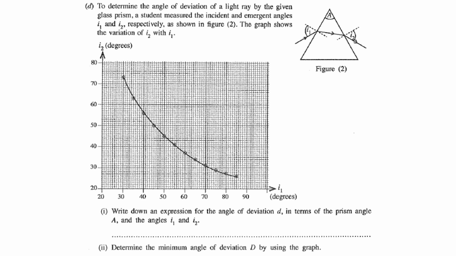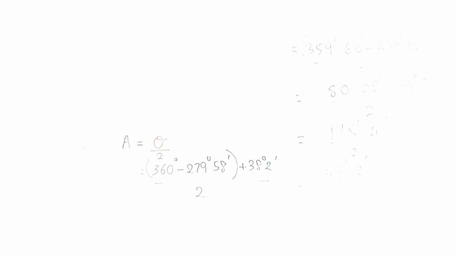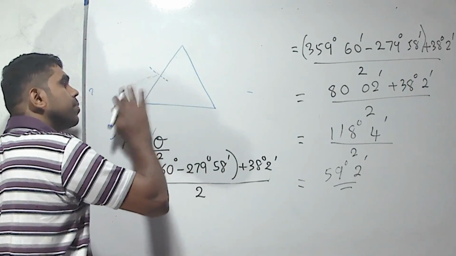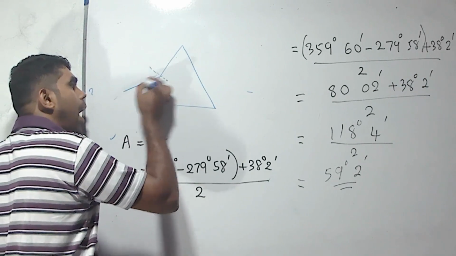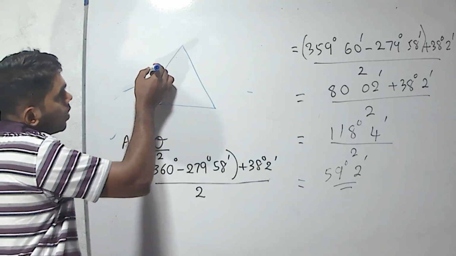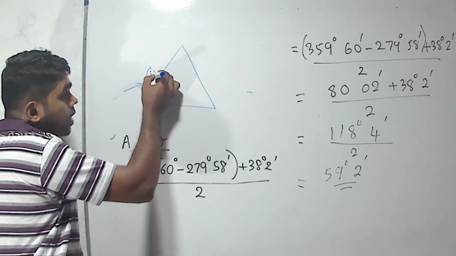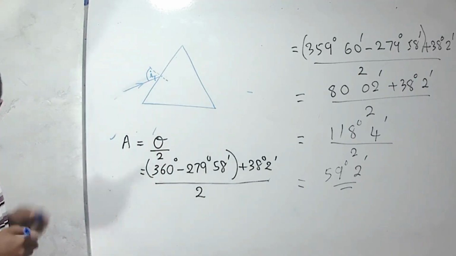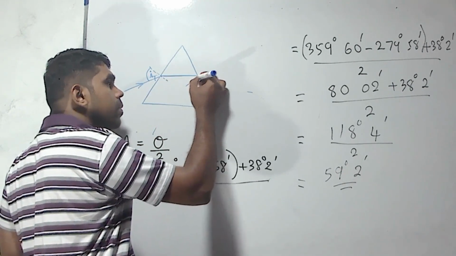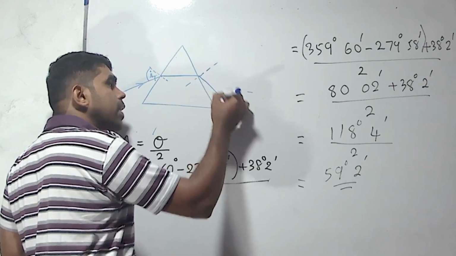Write down an expression for the angle of deviation D in terms of prism angle A and angles I1 and I2. The incident angle means the angle between the ray and the perpendicular line. For this surface, it is I1. This angle is I2.